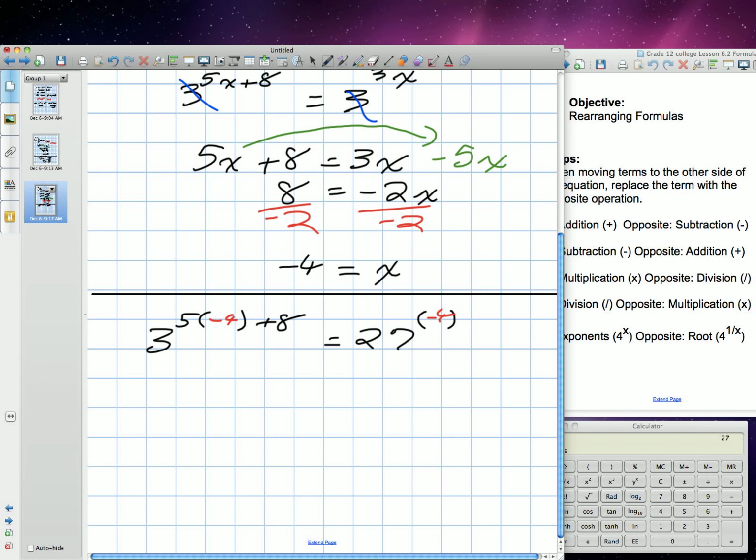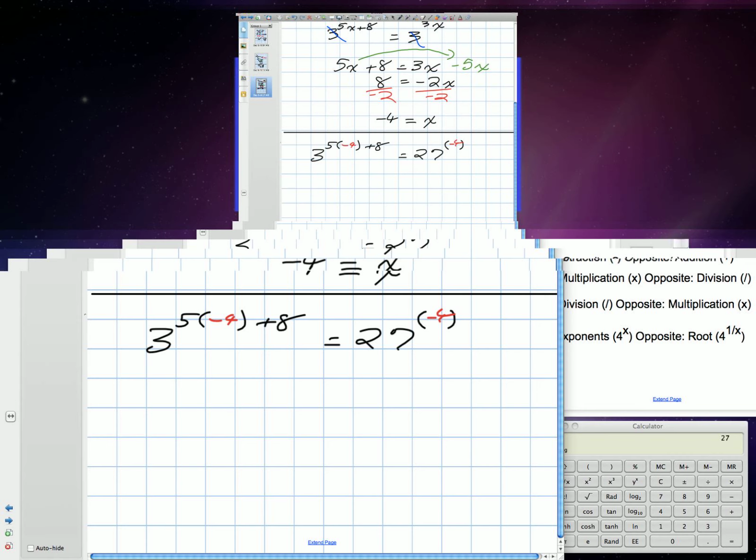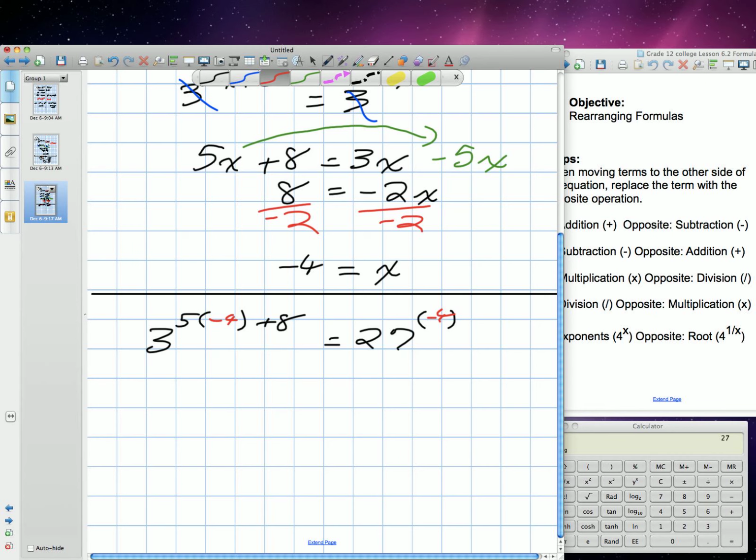So we get 3 to the power of negative 20 plus 8 is equal to 27 to the power of negative 4. Okay? 3 to the power of negative 12 is equal to 27 to the power of negative 4.